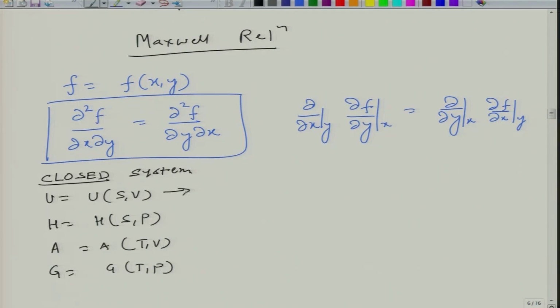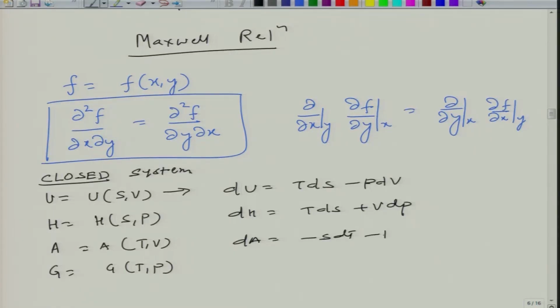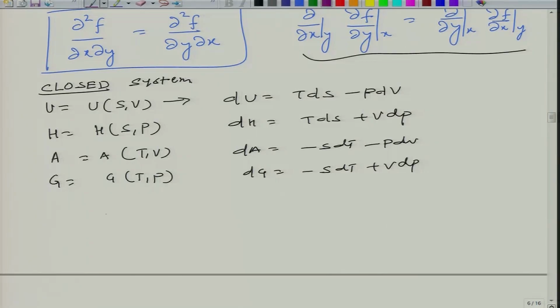This in the differential form can be written as du is T dS minus p dV, dh is T dS plus V dp, dA is minus S dT minus p dV, dg is minus S dT plus V dp. These are the four expressions, and the way Maxwell relation is developed is based on a simple exercise.